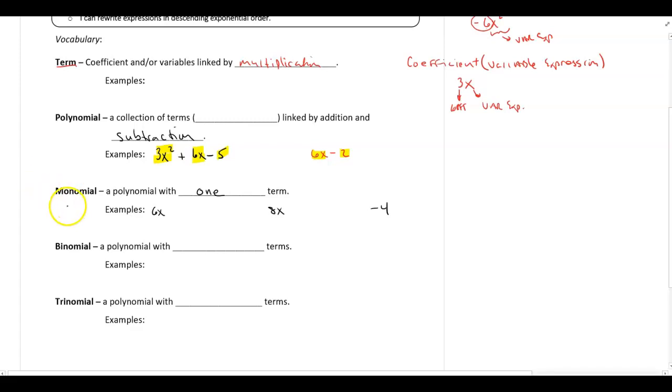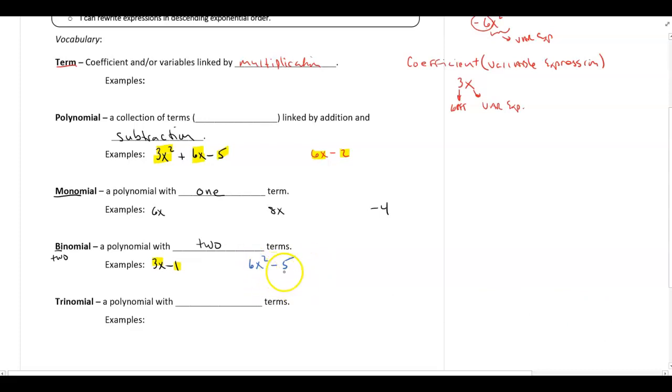If you think about it, mono is a prefix for 1. Binomial, where bi is the prefix for 2. And binomial is a polynomial with 2 terms, such as 3x minus 1. If I look, here's one term, here's 2 terms. That's considered a binomial. Another example would be, let's say 6x to the second minus 5.